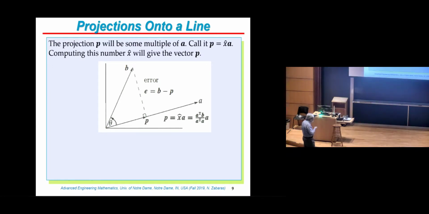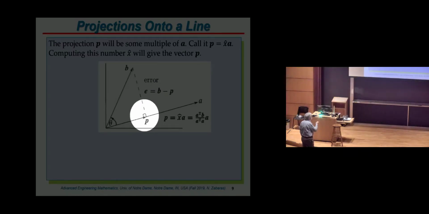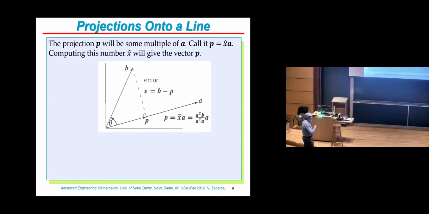And what can we say about the error? The error is orthogonal to where? To the line that we do the projection on. This is important. When later on we generalize and we project on a subspace, the error will be orthogonal to that subspace.